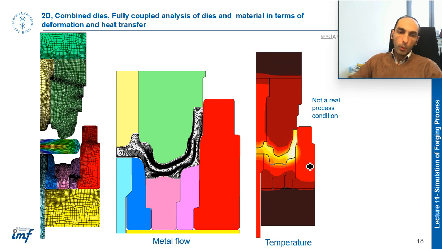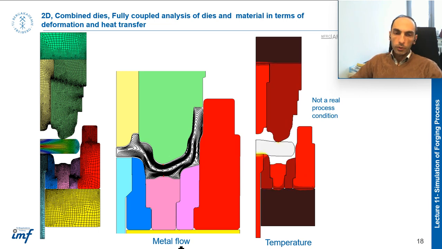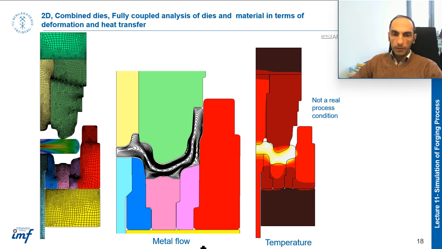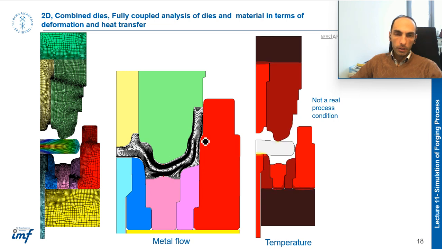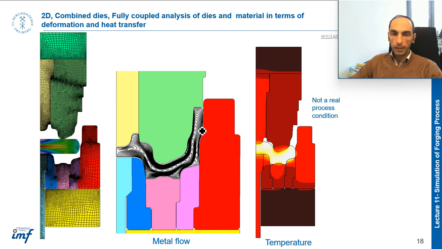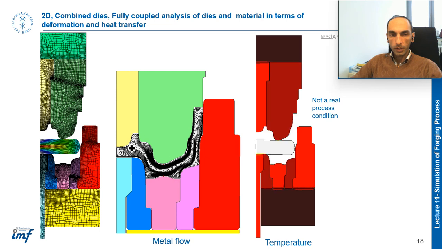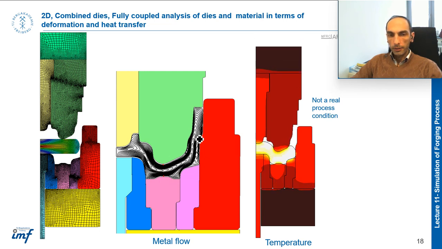Okay, if we just look into the material and workpiece using simulation like this, then you can study the metal flow line and the properties, the accuracy and the soundness of the workpiece you produce.